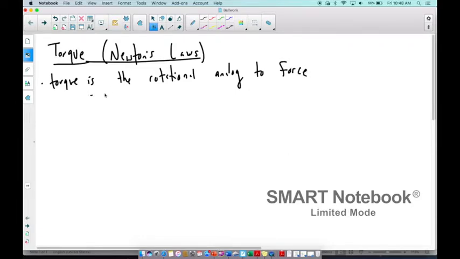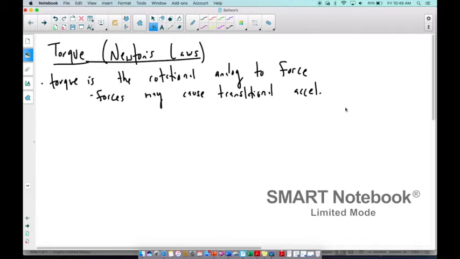So think about what this means. Forces can do what? They may cause translational acceleration. Think about Newton's laws, right? Newton's first law, in order to cause something to accelerate, you need a force. Newton's second law, that resulting acceleration, in order to cause something to accelerate, you need a net overall unbalanced force.